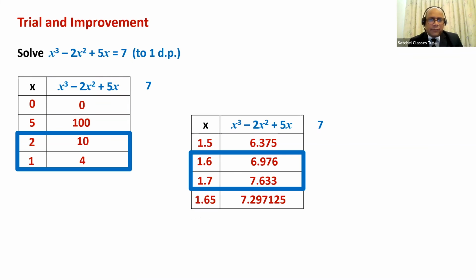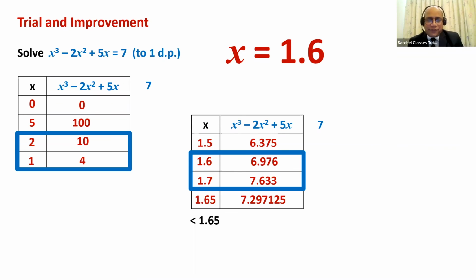And hence, when you round the answer to one decimal place, it won't round up. It will round to 1.6. So that's your final answer for this particular equation, x equals 1.6.